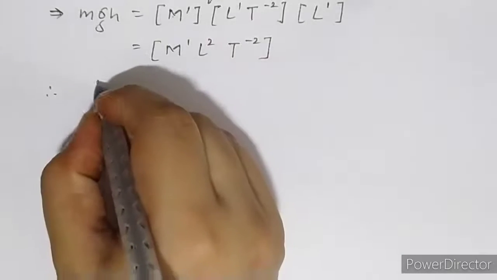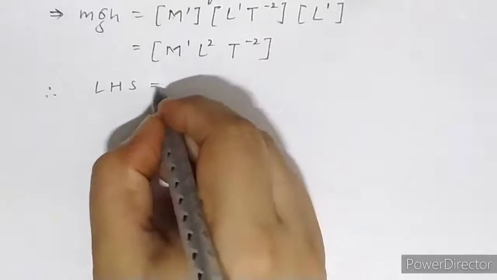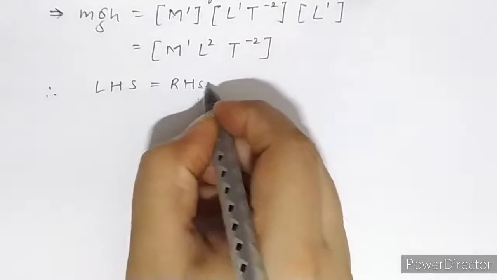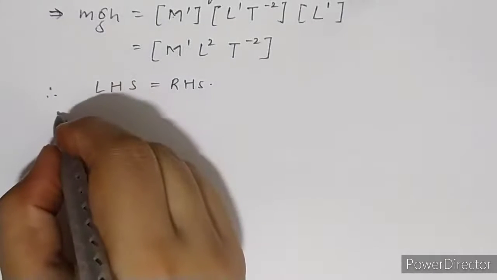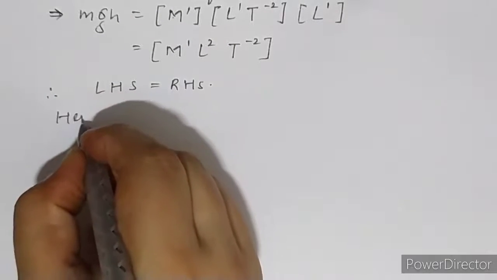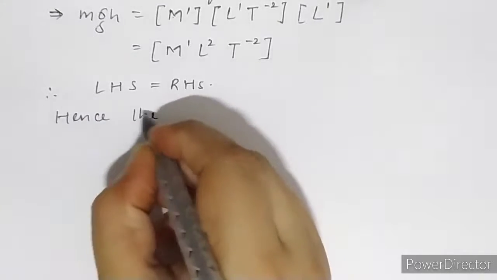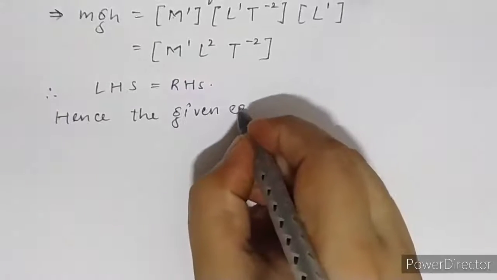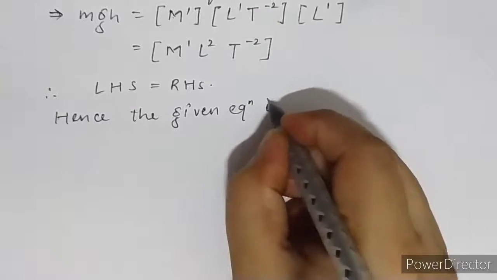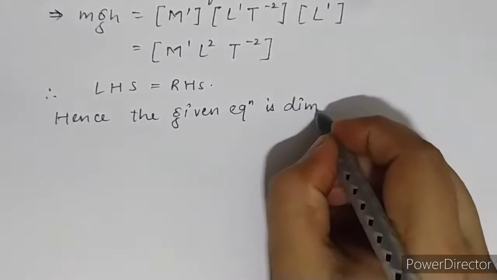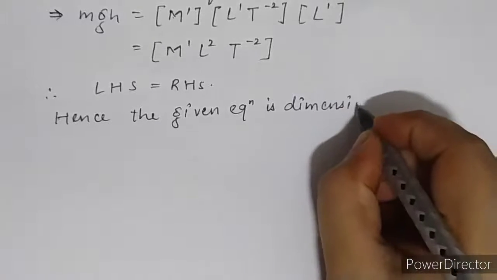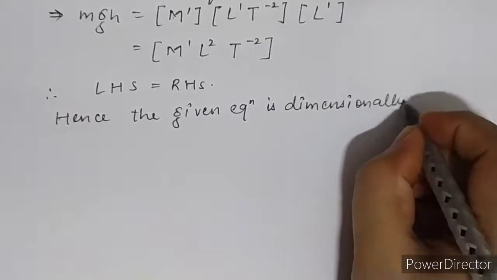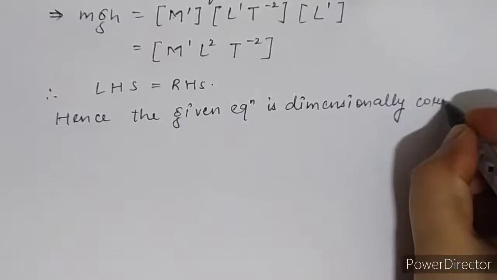LHS is equal to RHS, hence the given equation is dimensionally correct.